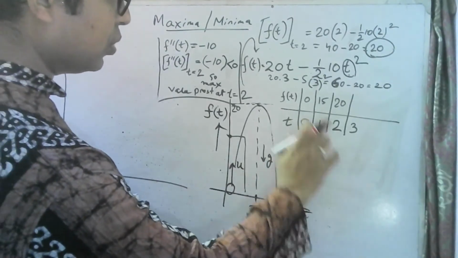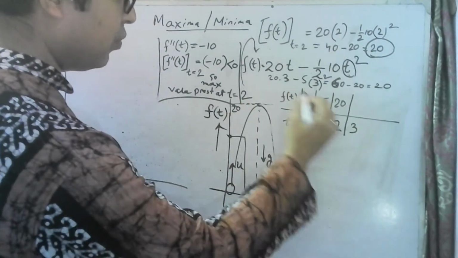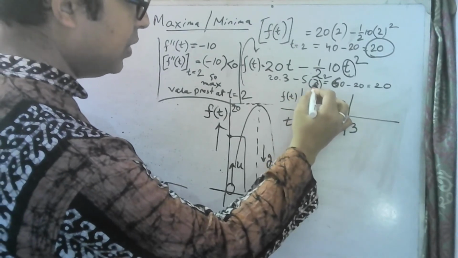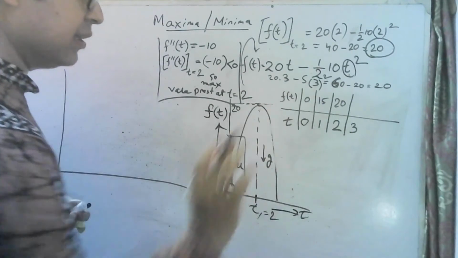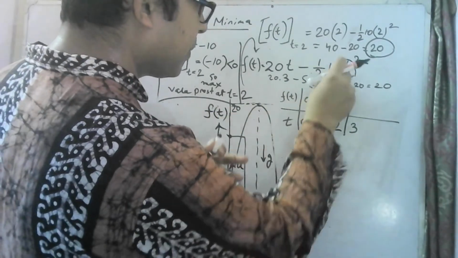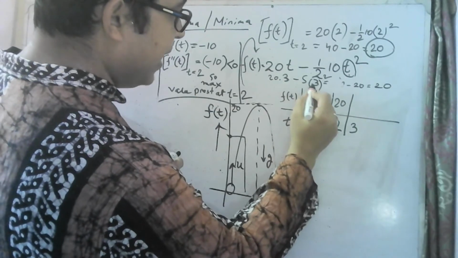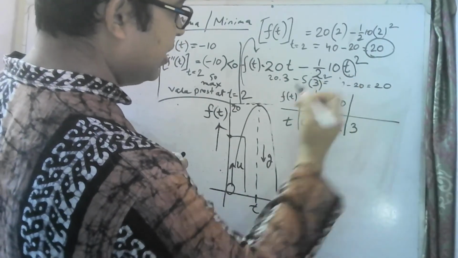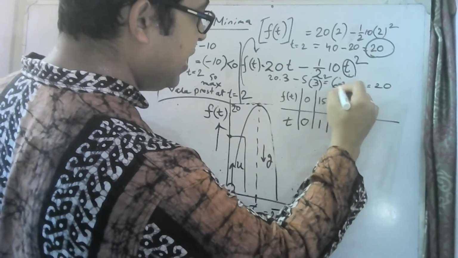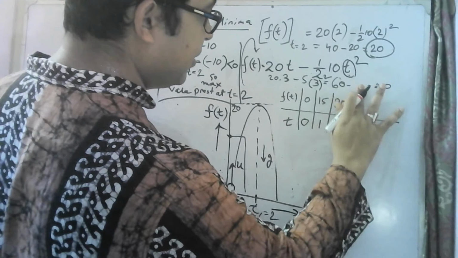Earlier it was 2, so this was 4. So 5 into 4 means 20, and this was 20. It's okay. Now this is 20 into 3 and 5 into 3 squared. The t value is 3. So 3 squared, so this is 60 minus 9 into 5, that means 45.